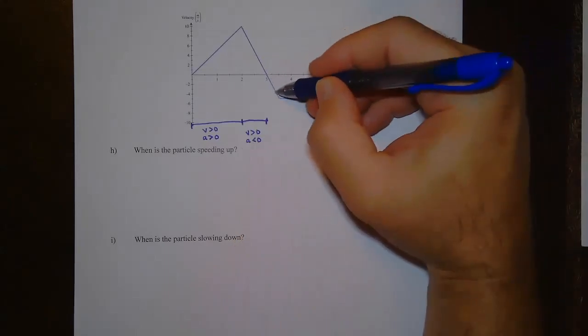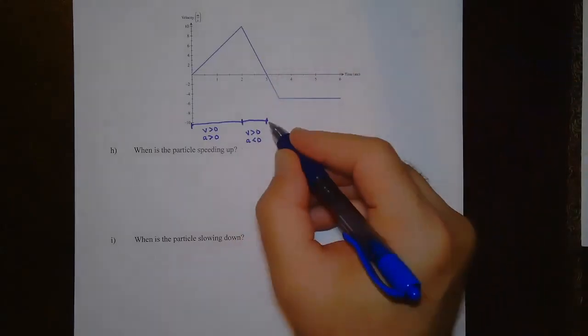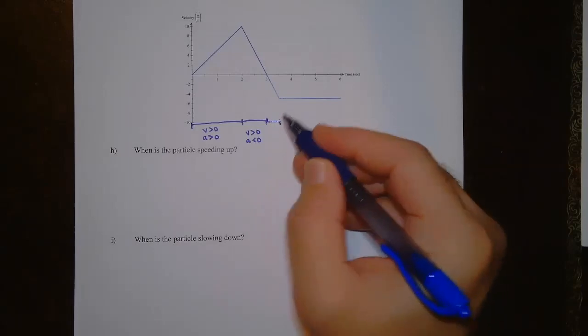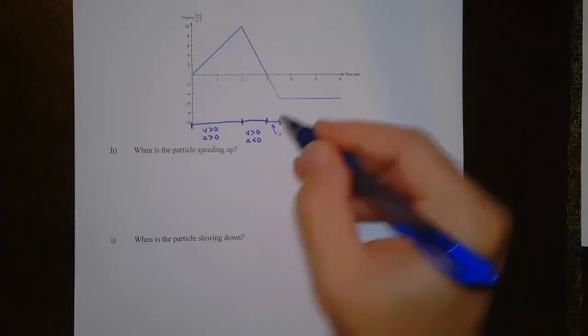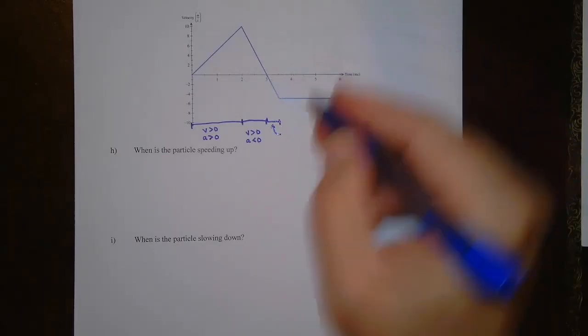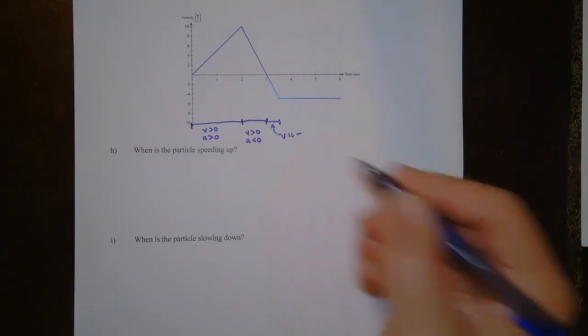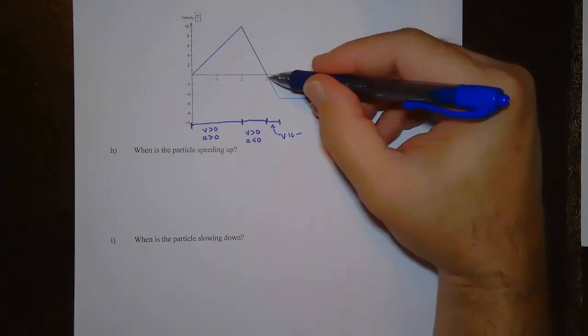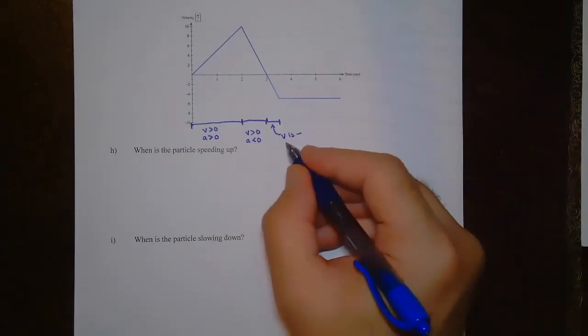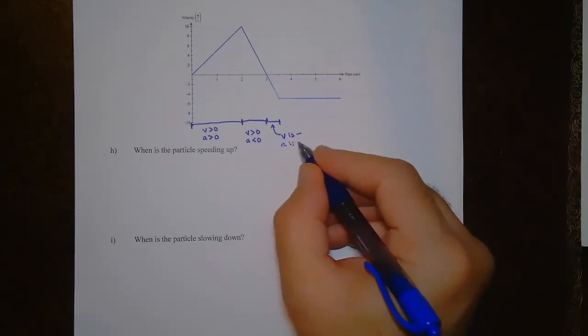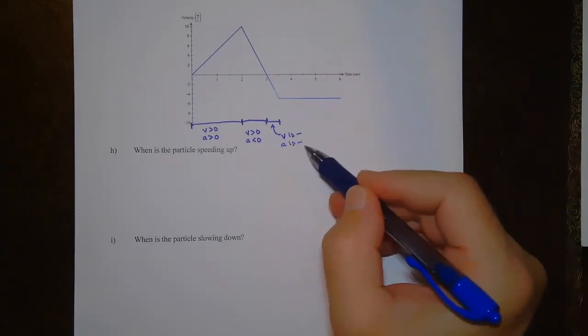Right in here from 3 to 3.5, just this little part right there, my velocity is negative. So you could write that v is negative. But what do you know about your acceleration? Well, your acceleration is also negative. So a is negative. So velocity is negative and acceleration is negative.